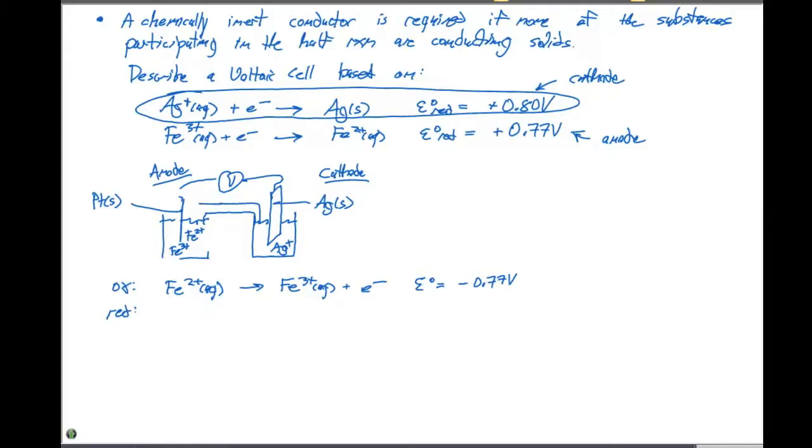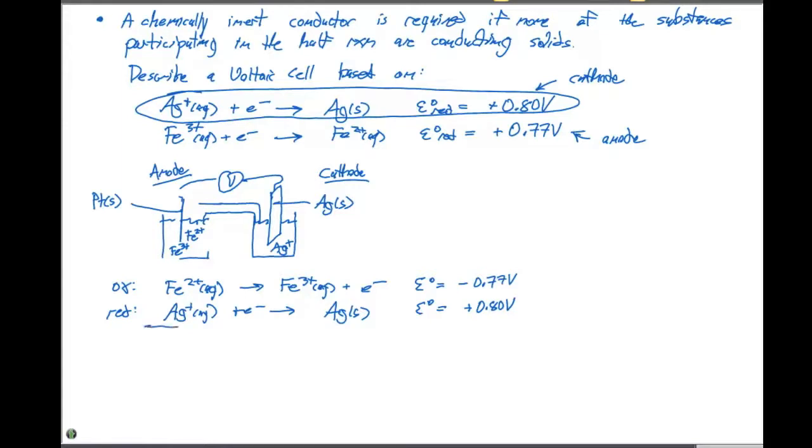Our reduction half reaction is silver plus in aqueous solution plus an electron, giving us silver solid. The potential for this reaction is the reduction potential, which is positive 0.80 volts.